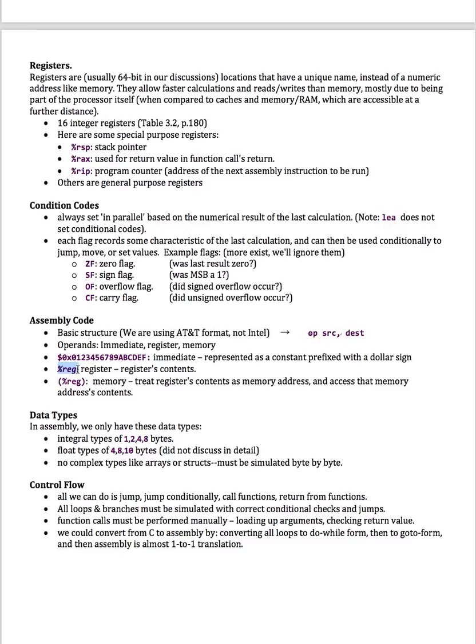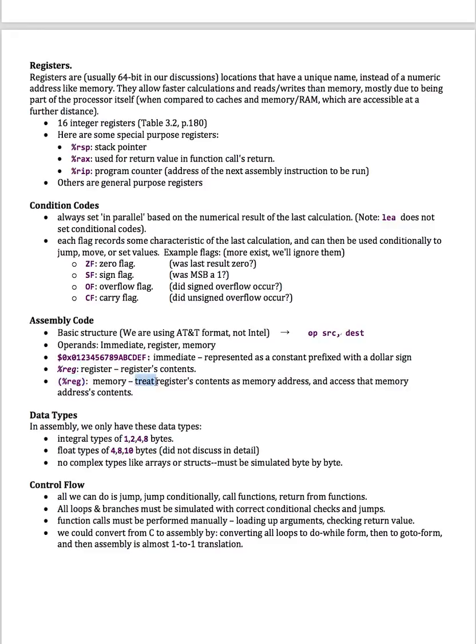The next type of operand was register, which was indicated just by the percent sign and name of the register, which represents the register's content, or the value or data that is stored in the register. The last type of operand was memory, which was indicated by a register in parentheses, which is called addressing mode, which we'll talk about in the next page of this review.